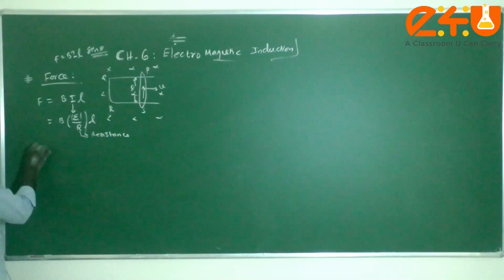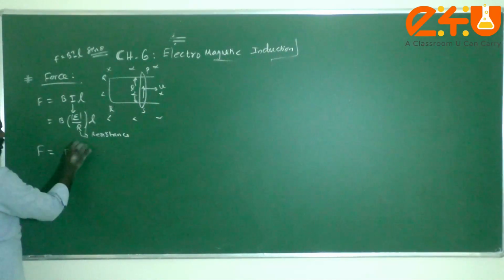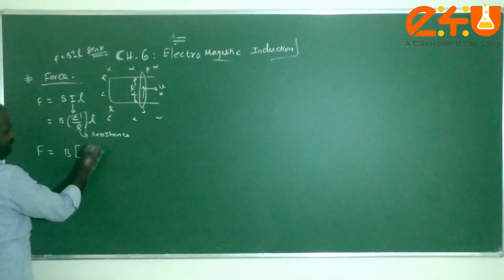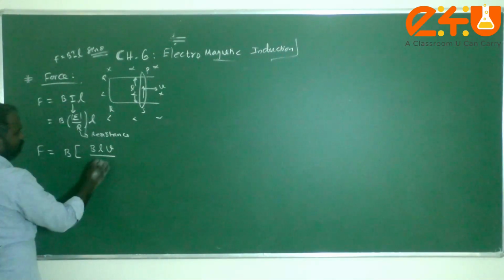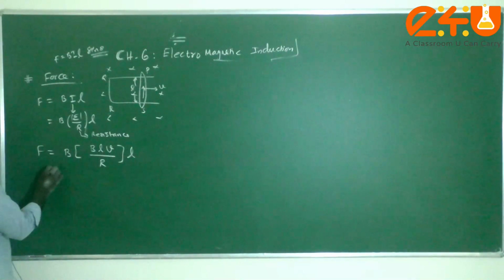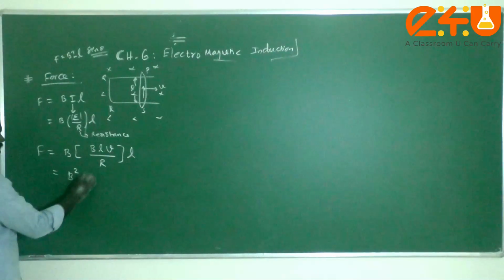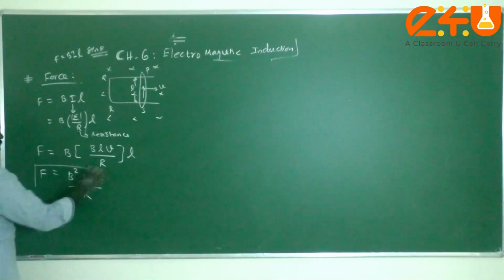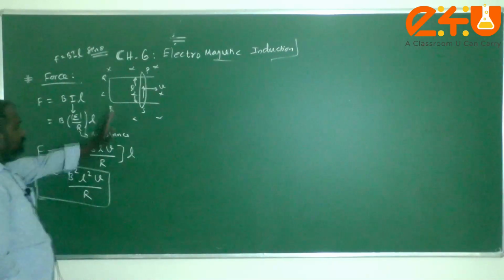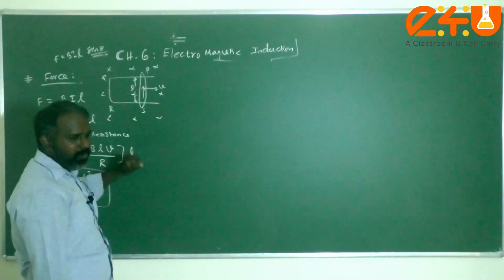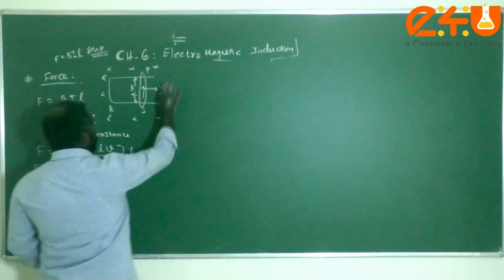Now please see that F is equal to B into I, where E is, just now we derived, BLV, into L. So we can say that F is B square L square V divided by R. This is the force acting on the movable rod due to the external applied field. Yes, this is the force equation.